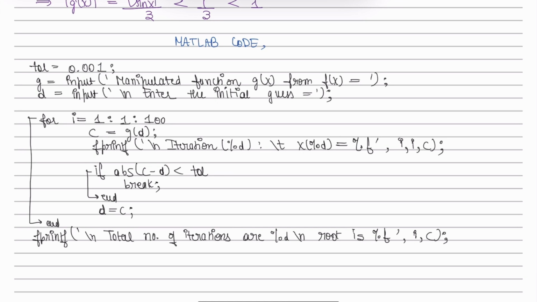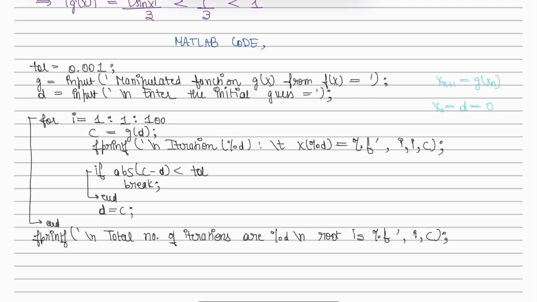Now let us understand this loop first. Since we have entered the function g of x, and in the fixed point iterative method, the iterative process is like xn plus 1 is equals to g of xn, where the initial guess is already given as 0, which is x naught, and I have taken the value of x naught and stored in the variable d.